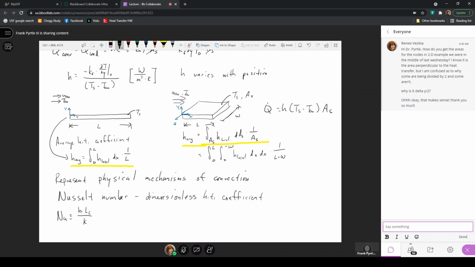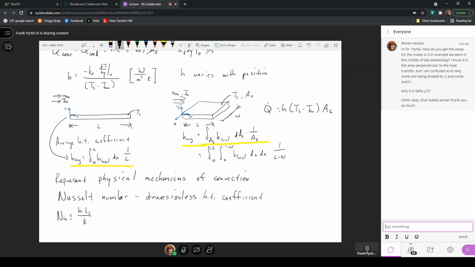Now, for the Biot number, the thermal conductivity was the thermal conductivity of the solid material, because we were looking for Biot numbers to be less than 0.1, which just says that the temperature gradients inside the object were negligible.